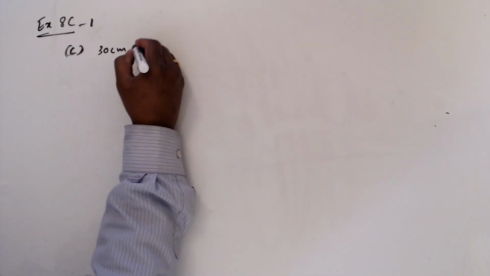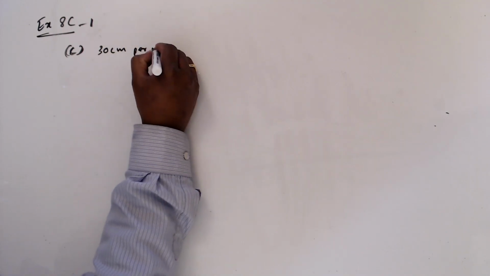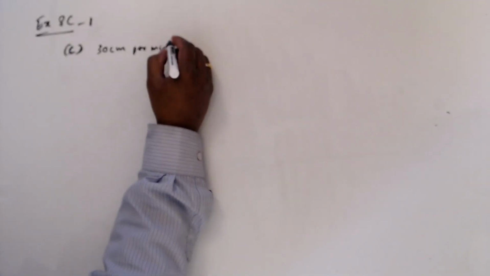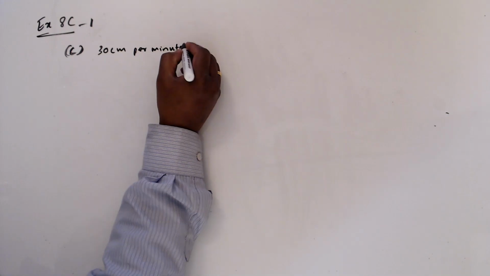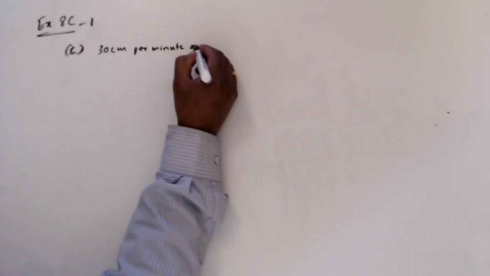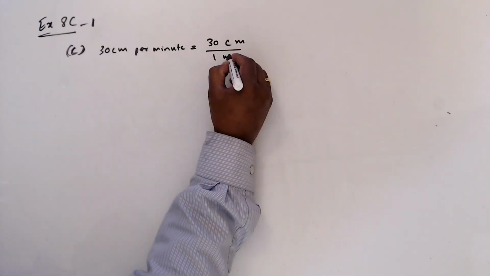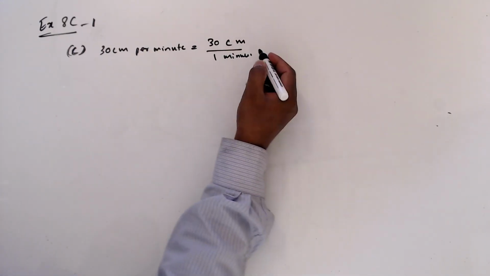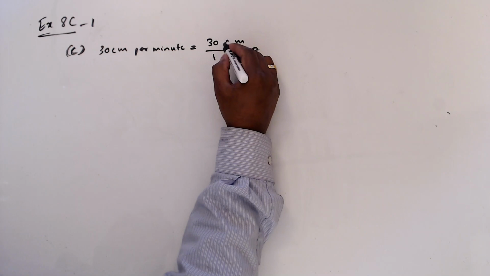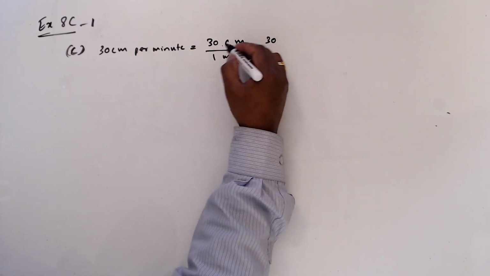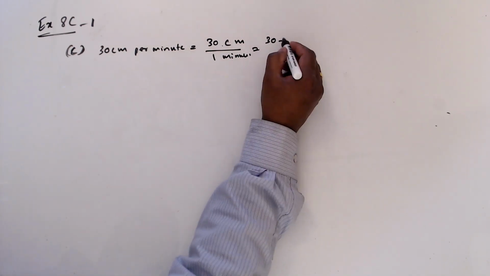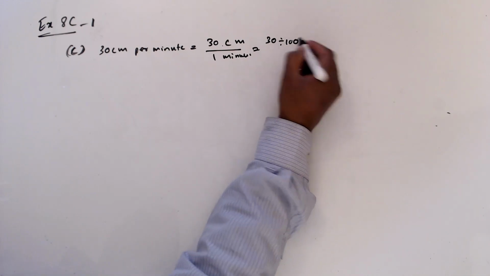Part C, 30 centimeter per minute. So this is going to be 30 cm divided by 1 minute. So centimeter you can make to a meter by dividing 100.